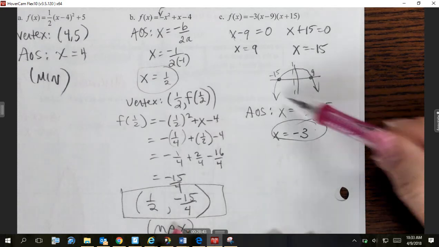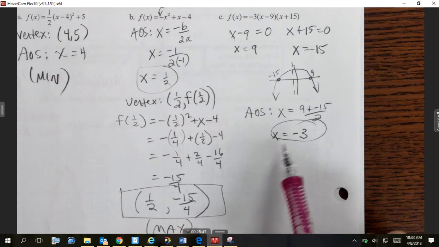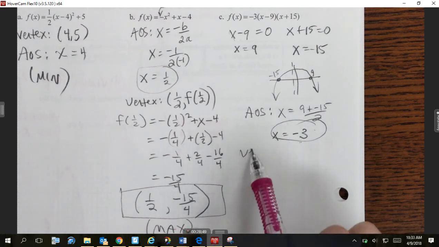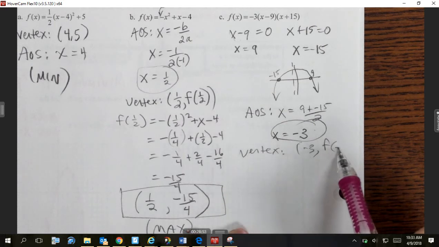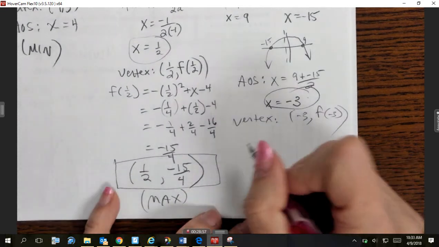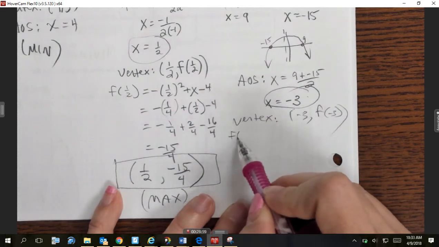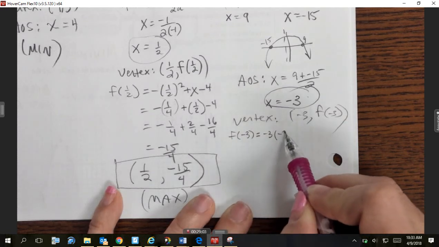And my graph is not drawn to scale. And then once I know my AOS, that is the x part of the vertex. So my vertex, I plug in negative 3, and then I do f of negative 3 for the y part. So I'm going to take my equation, and I'm plugging negative 3 in for x, sorry, to find y.